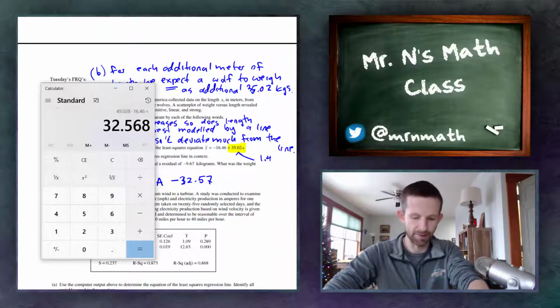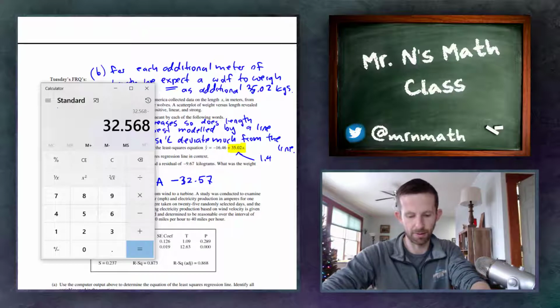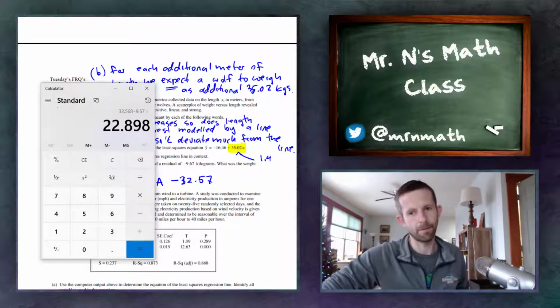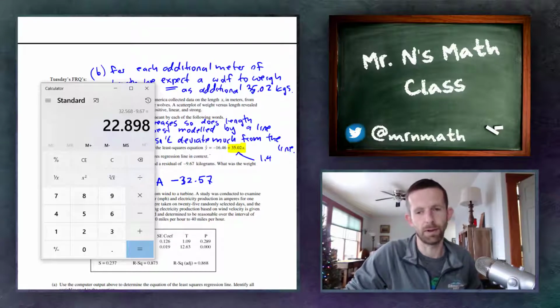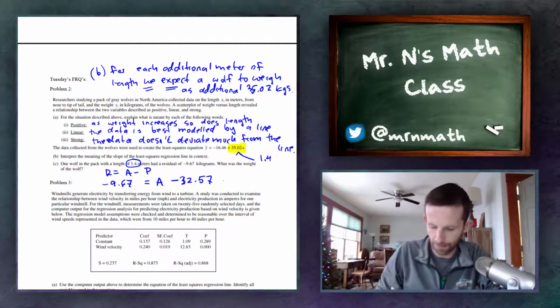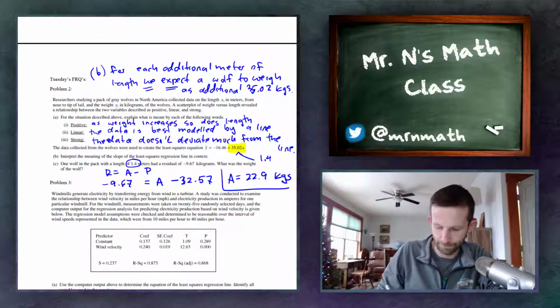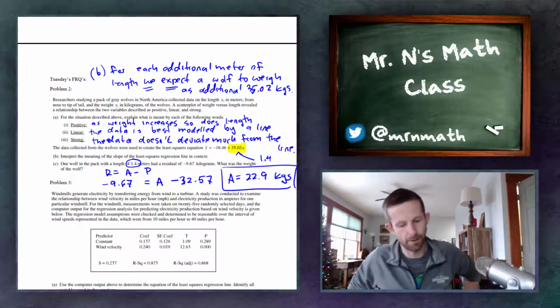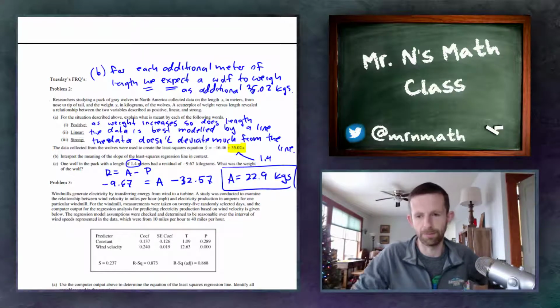So essentially what I'm doing is subtracting 9.67 from that. I should get 22.9. So my actual is 22.9 kilograms. There it is. So residual is actual minus predicted.